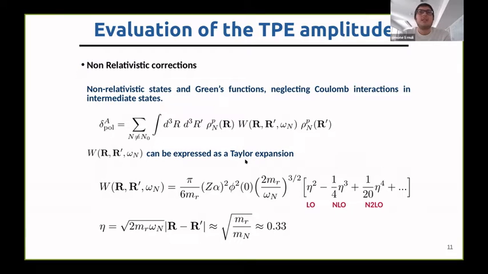We justify the use of a Taylor expansion, which makes it possible to obtain meaningful estimates of this polarizability term by truncating the expansion to low order. And this is exactly what we do. We make this expansion and we truncate it at the next-to-leading order in the eta expansion formalism.